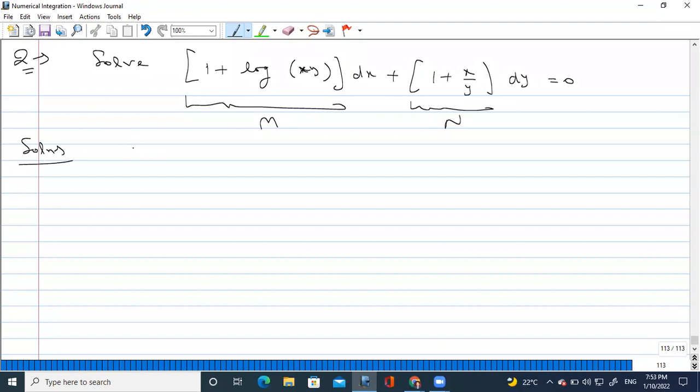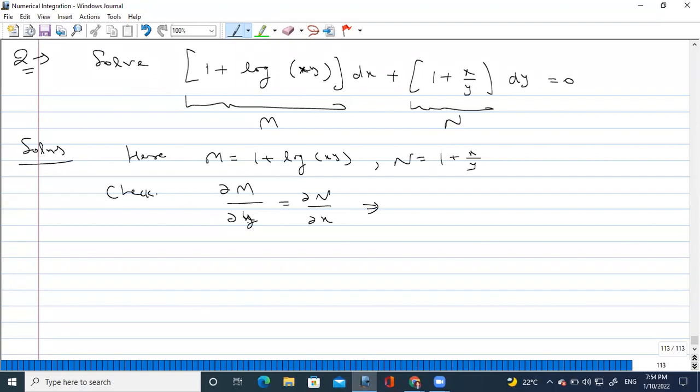So here m is 1 plus log xy, and n is 1 plus x by y. Check. This is our test: del m over del y is equal to del n over del x.